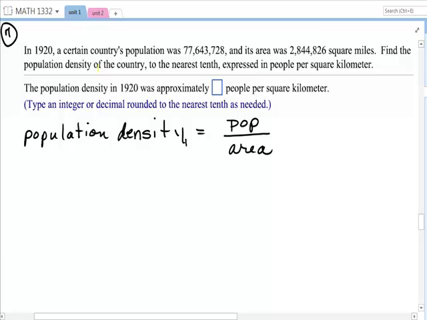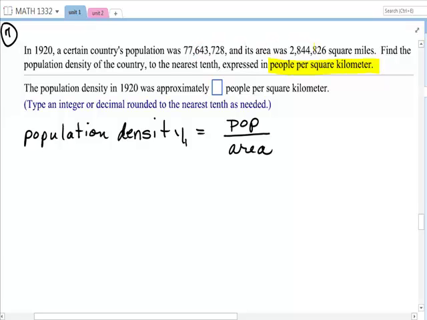Suppose you're taking a test. Find the population density, and all of a sudden you go, oh my gosh, I don't remember what goes on top and what goes on bottom in density. It's given to you. To the nearest tenth, express in, here it is, people per square kilometer. People, that's population. Square kilometer, that's area. It tells you which one to put on top and which one to put on bottom with the unit description.